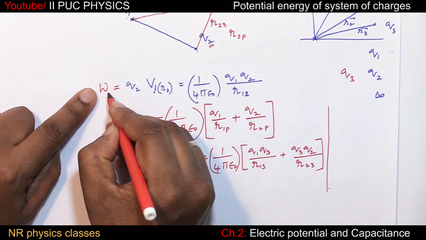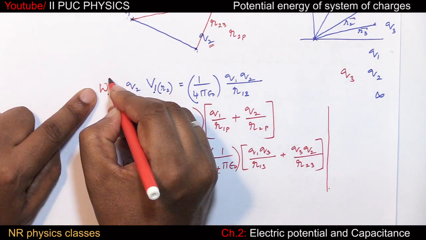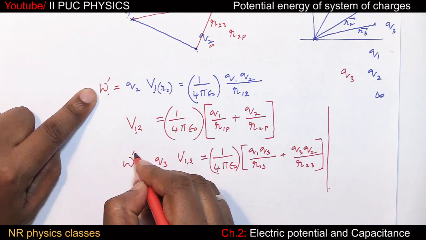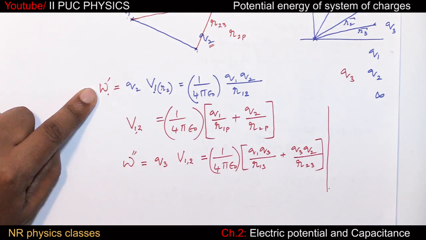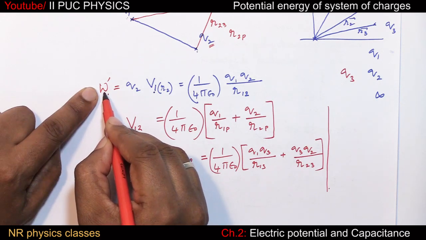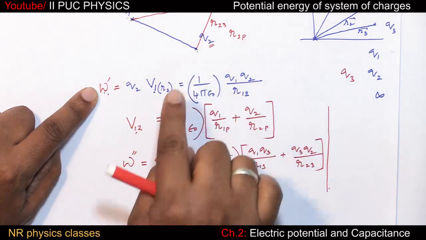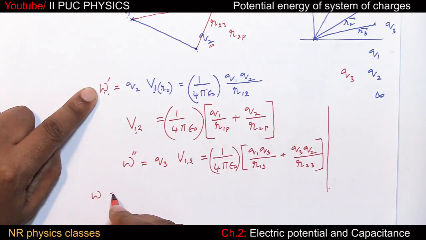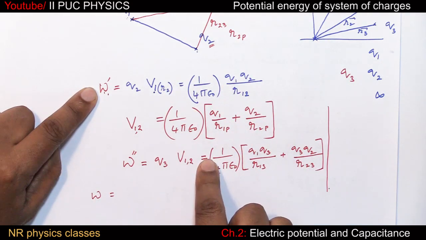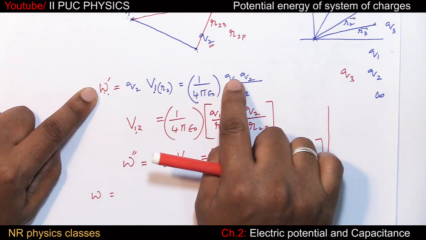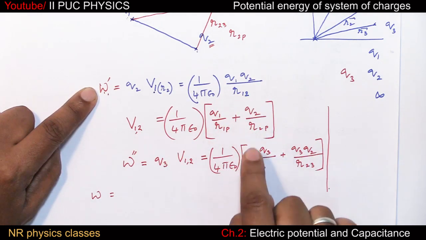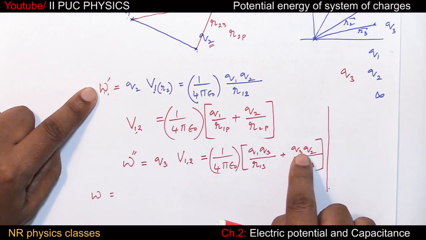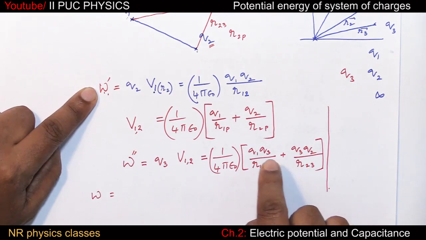Let this be W dash, W double dash. This is work done in bringing Q2. This is work done in bringing Q3. Therefore, total work done is sum of these two. Observe, Q1 Q2 by R12, Q2 Q3 by R23, Q1 Q3 by R13.